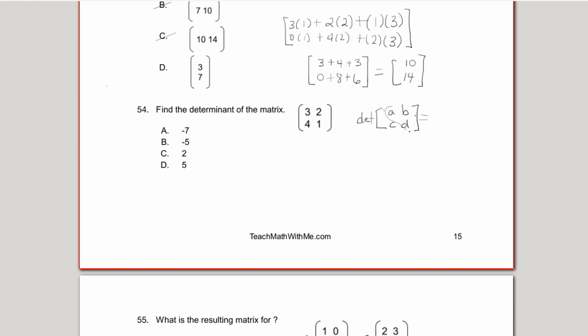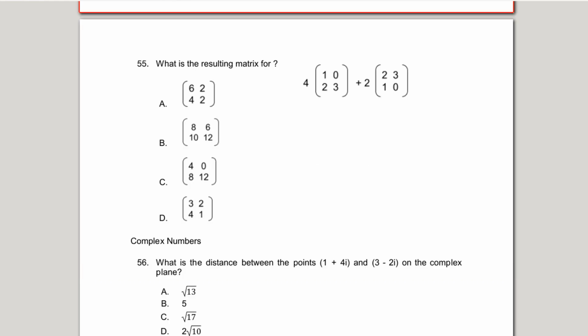Here we're going to do some cross multiplication: A times D minus B times C. So we're just going to plug in those values. Knowing this equation that we're using to find the determinant, first I'm going to take 3 times 1 minus 4 times 2, multiply out, and we get 3 minus 8, and that equals -5, and that is answer choice B.